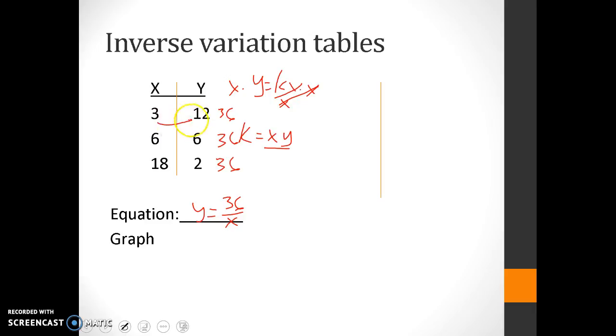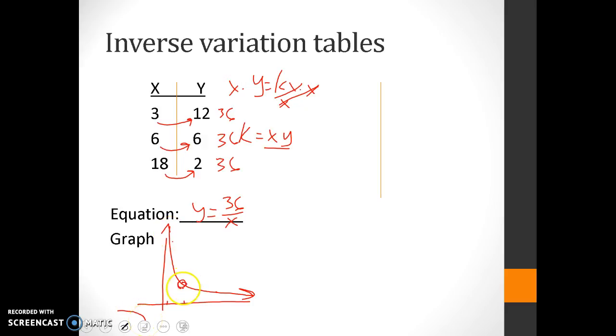36 divided by 3 gives me 12. 36 divided by 6 is 6. And 36 divided by 18 is 2. And so the graph of this equation is going to look something like this. 1 and 36, I'd have a point at 6 and 6, and maybe 18 and 2. It's going to be a hyperbola that looks like this, and it's going to be the same thing on the other side.